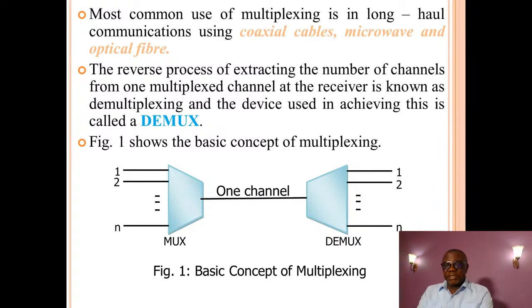So it is a generally accepted symbol that you draw a mux like that and draw a demux like that. So even if you see such in a circuit diagram without being told, you know that this is referring to a multiplexer, while this is referring to a demultiplexer.